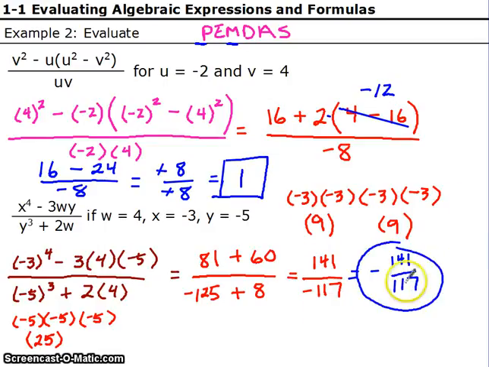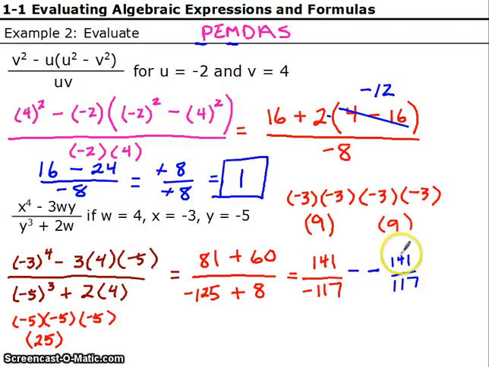Also we want to see if we can reduce this. So let me take that circle away. We're not quite done yet. We know they're not divisible by 2 because they're odd numbers. What about 3? A little trick to tell if they're divisible by 3: if you add up the digits and that number is divisible by 3, then so is the bigger number.